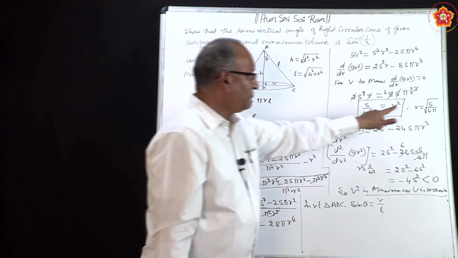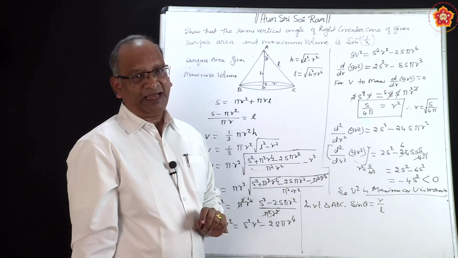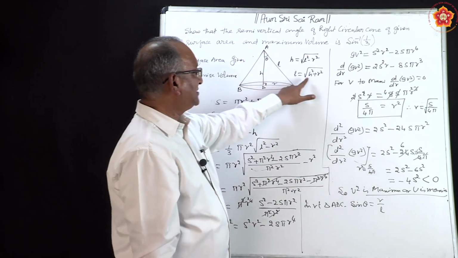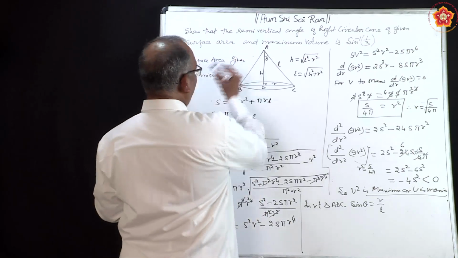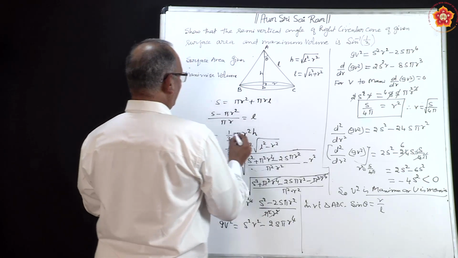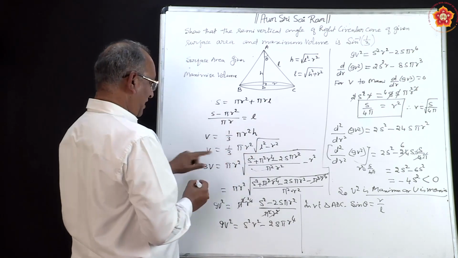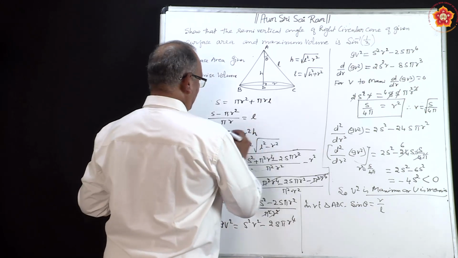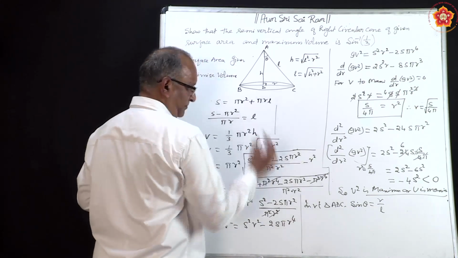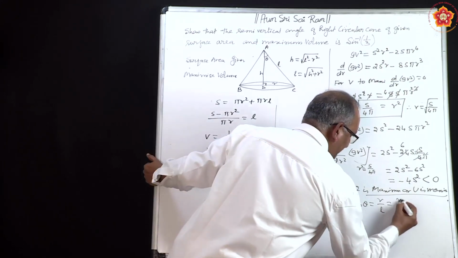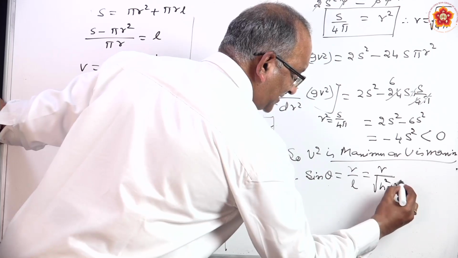R value we have found out. L value we have to find out. How to find out L value? This formula, h square plus r square. And here itself actually, by simplifying it, you can also find out the value of h. Because this can be written as r upon under root of h square plus r square.